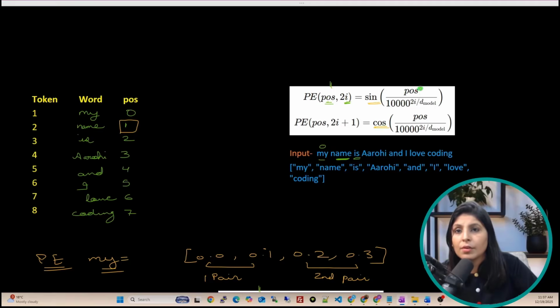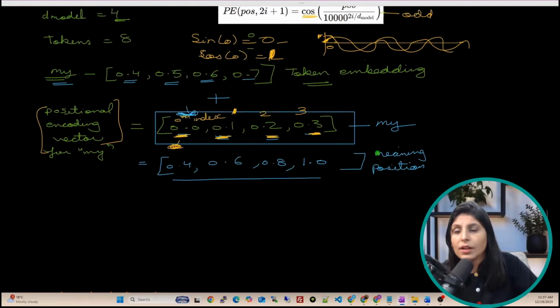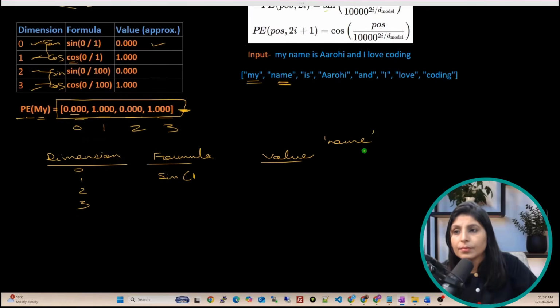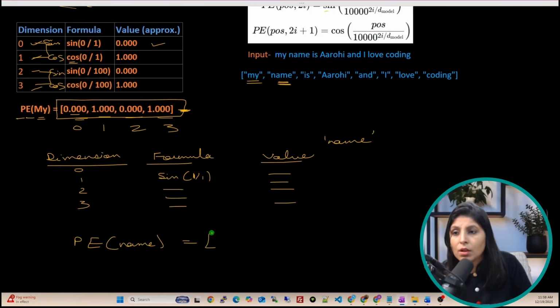So over here we will use 1 now. Over here also we will use 1 now. Rest of the values are the same. See, sine 1 divided by 1. In the same way, you will apply other formulas and you will get the positional encoding vector for the name token also. Okay, you will get 4 values because the D model is 4.